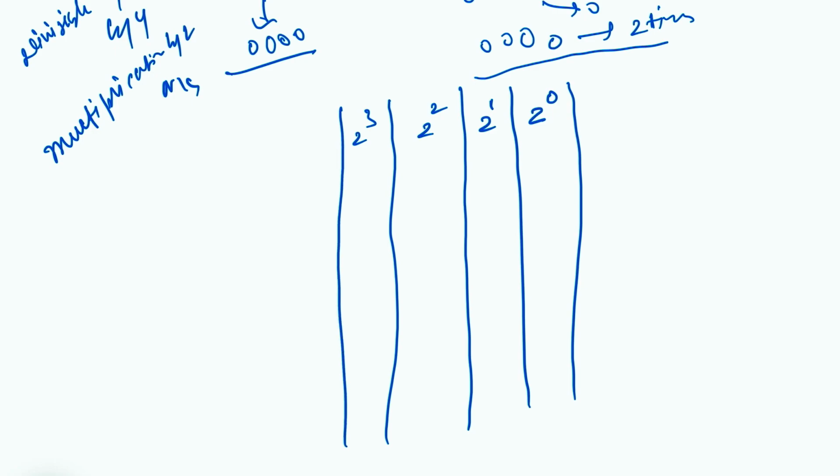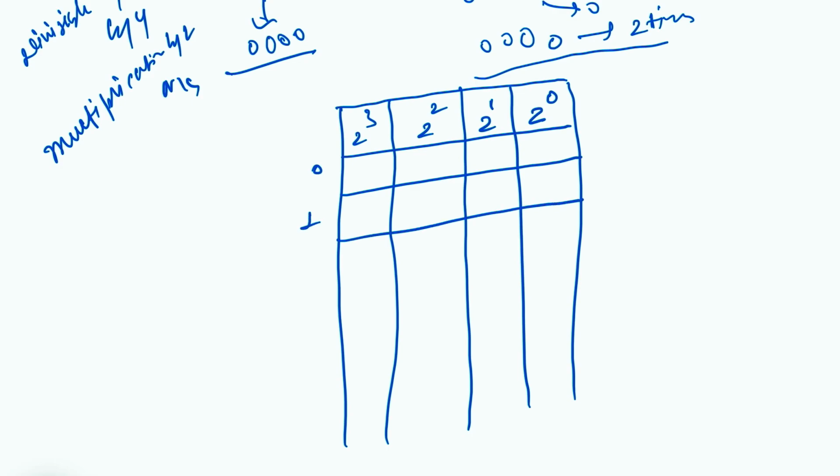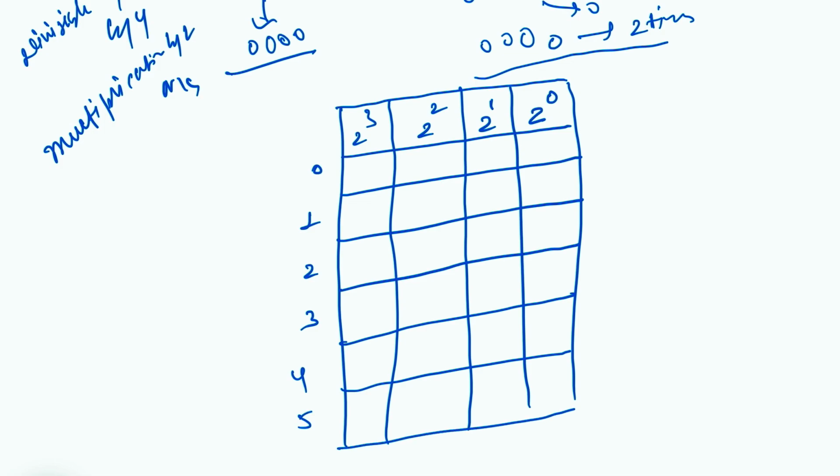I am going to use the very small numbers 0, 1, 2, 3, 4, 5. Now here 2 raised to power 0 means 1.